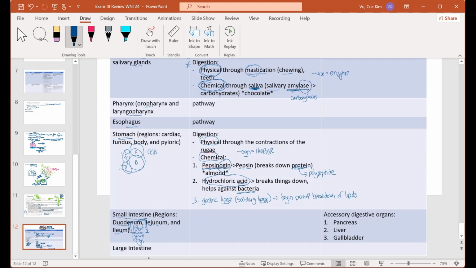And the reason for that is because after the stomach, it's going to pass through several accessory glands that secrete. So at this point right here, between the stomach and the small intestine, you have the accessory glands that play a role here.